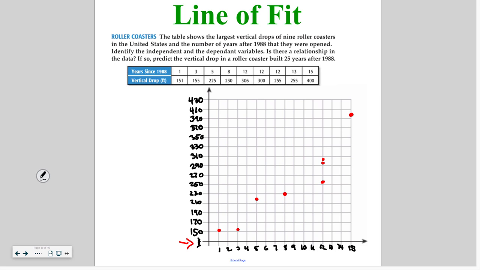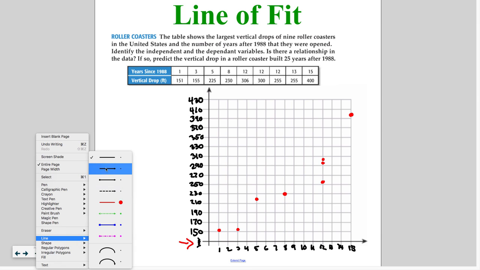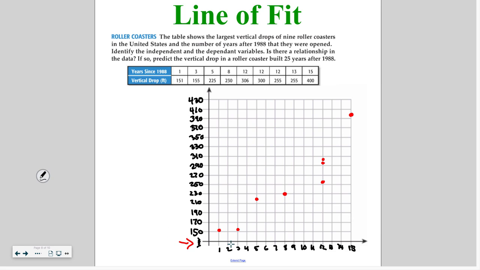And then we need to decide the relationship. There seems to be a general trend going up, so it is positive, so we are going to finish the rest of the problem. Our next step is to draw in a line so that we can predict our general trend. Again, we want it to go roughly through the center of all of our data points.